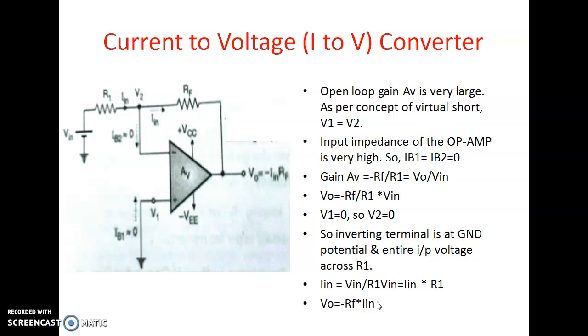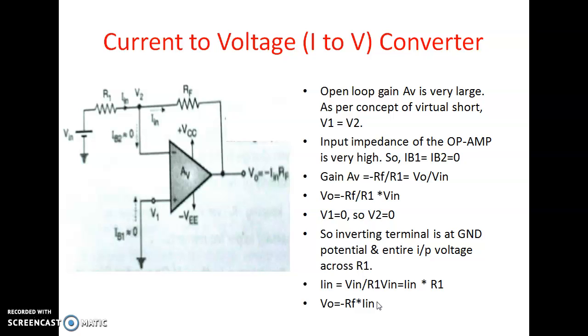The amount of change in the output voltage ΔVO for a given change in the input current ΔIN is decided by the sensitivity of the I to V converter. So by keeping RF variable, it is possible to vary the sensitivity as per the requirement.